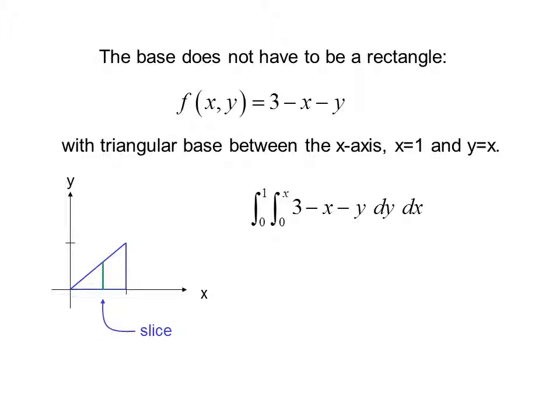This inside integral is finding the area of the slice, and the slice goes from 0 to x because the equation of this line is y equals x. And then we add up all the areas times dx, which makes it all the volumes from 0 to 1.